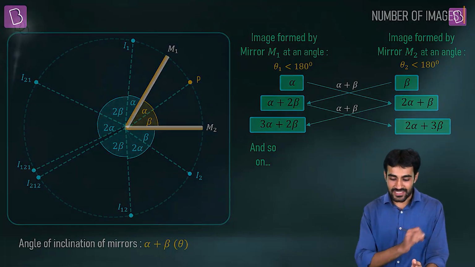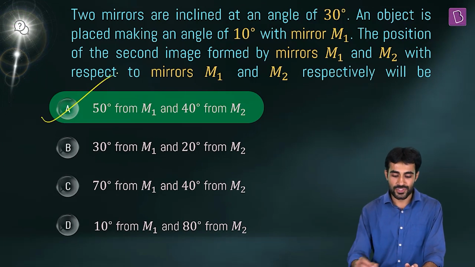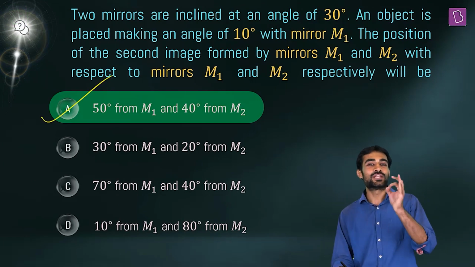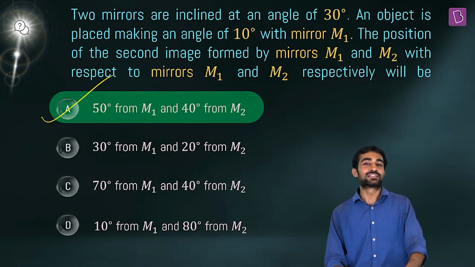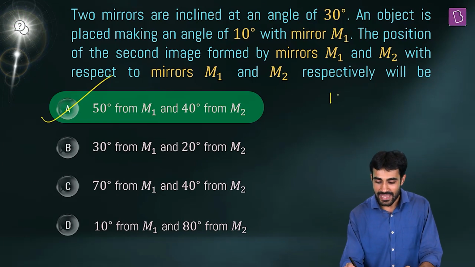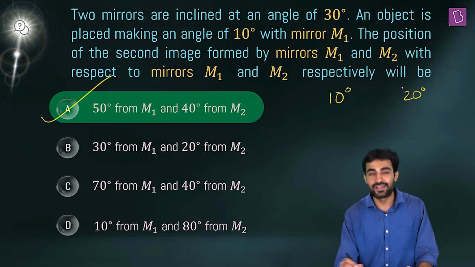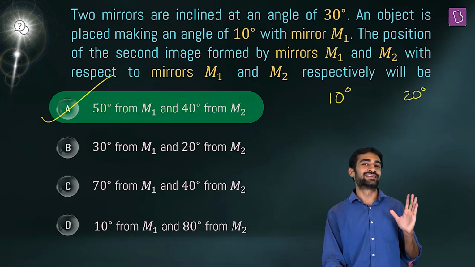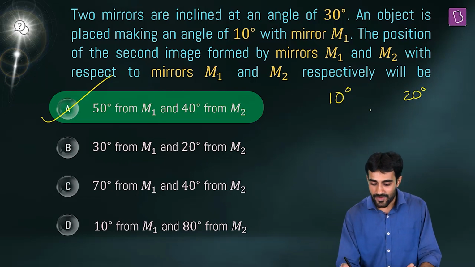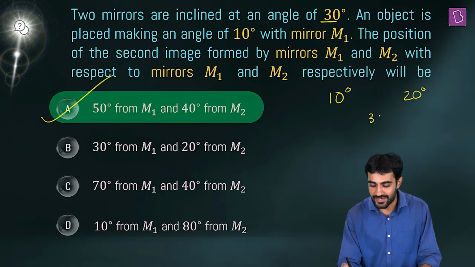Now, let me just go back to our question. This was our question, and we can see option A. We found option A to be the right answer for our question. Suppose you are not fond of diagrams, you just want the table, you can begin. So one angle was 10 degree and another angle was 20 degree from the mirrors, right? Now what we will do? We will just add the angle between the mirrors. This was 30 degree.